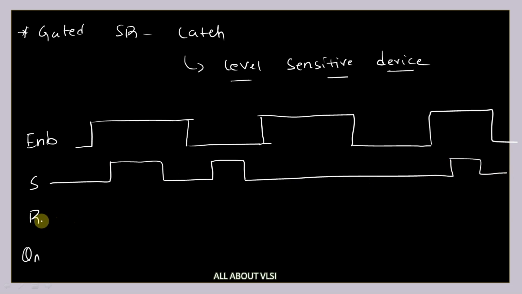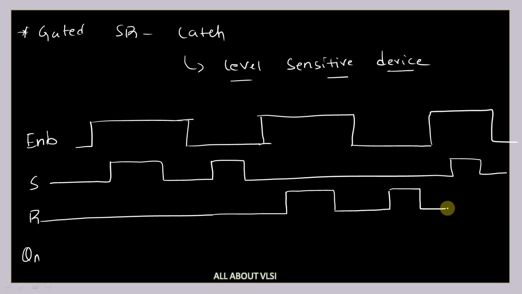And coming to R, it is equal to 0 and it is becoming high here, and again it is becoming high and it is becoming 0. So this is the timing diagram of our gated SR latch using NOR gates.